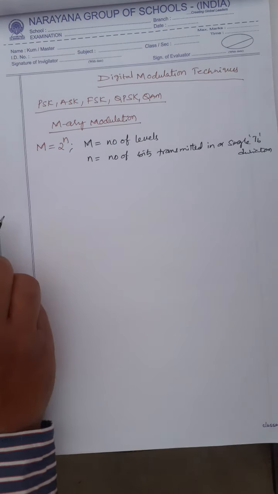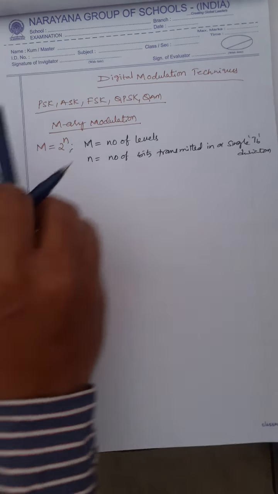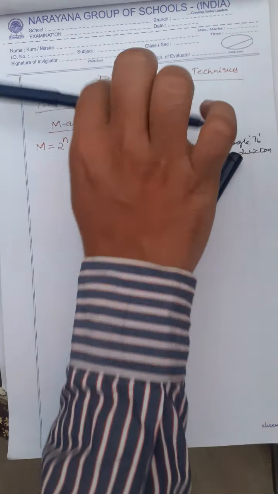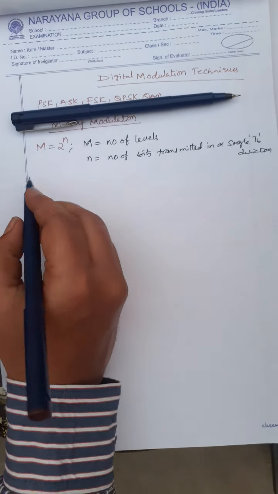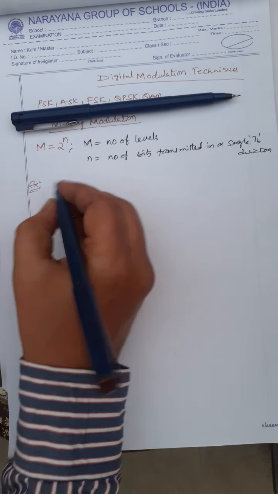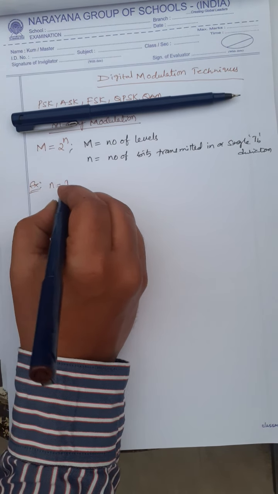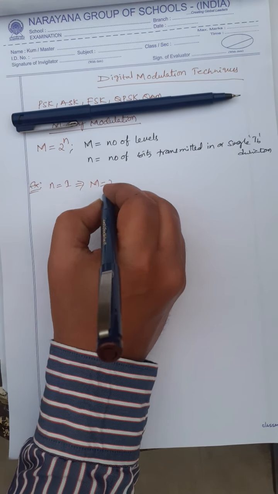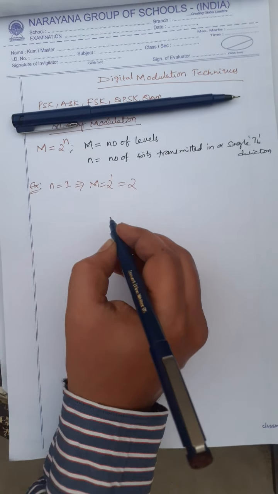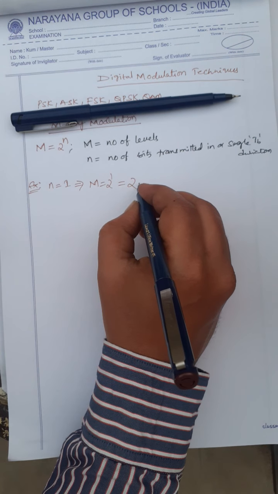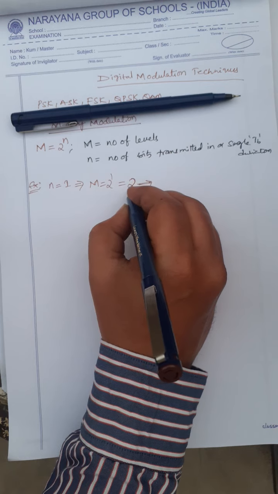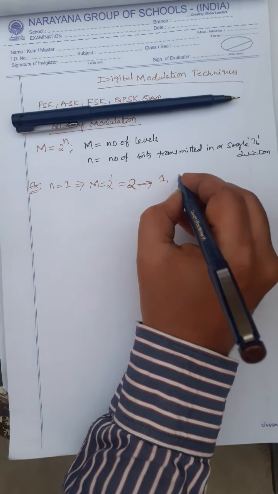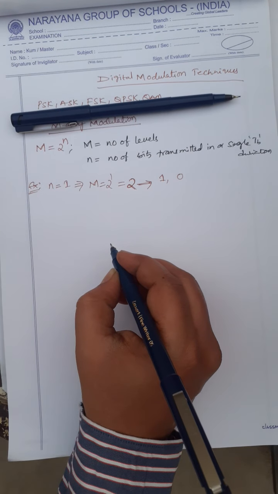For example, if I take n equal to 1, then M is equal to 2 power 1, which is 2. So here the number of levels is 2. That is, bit 1 is one level and bit 0 is another level.